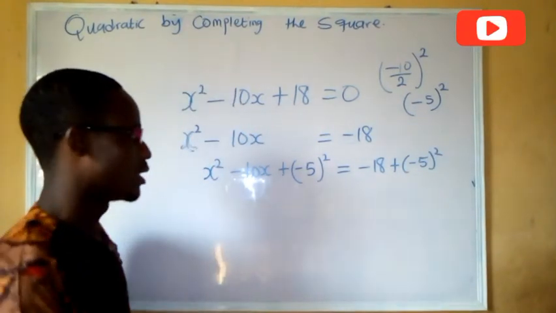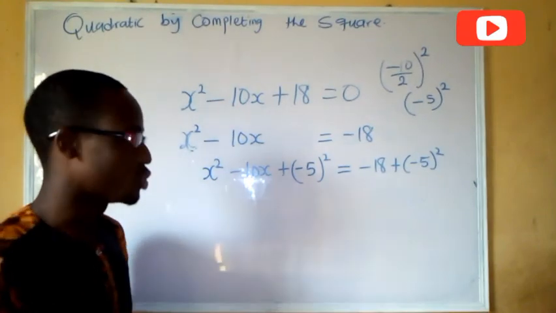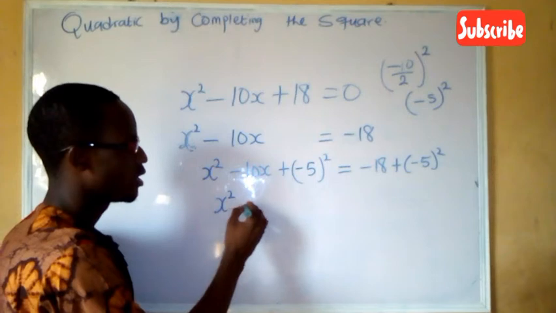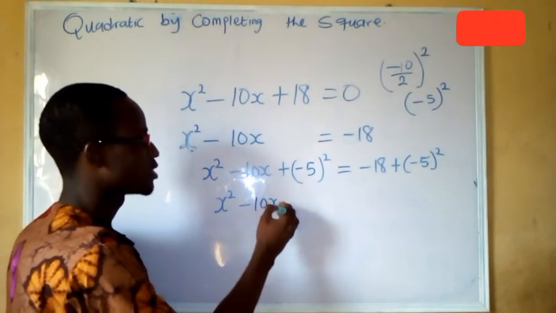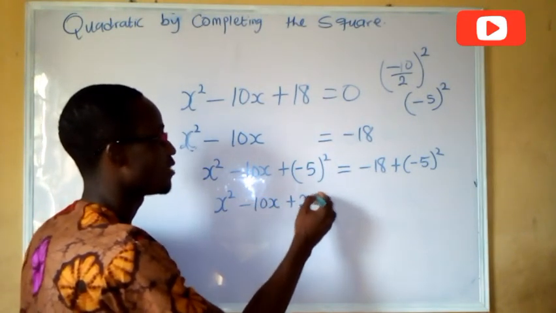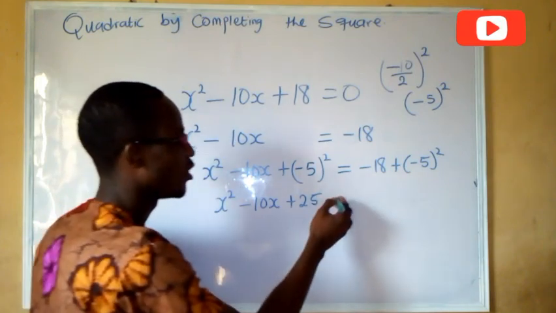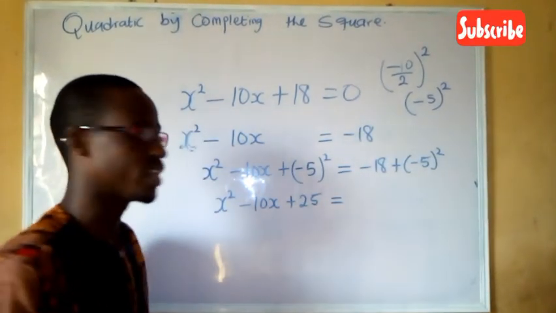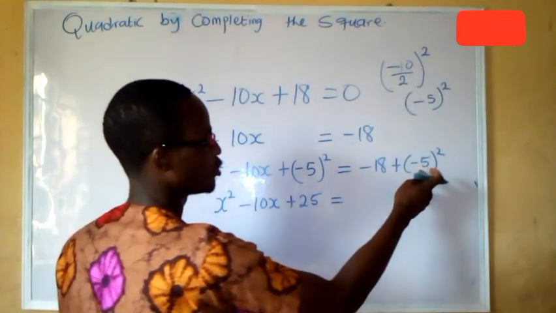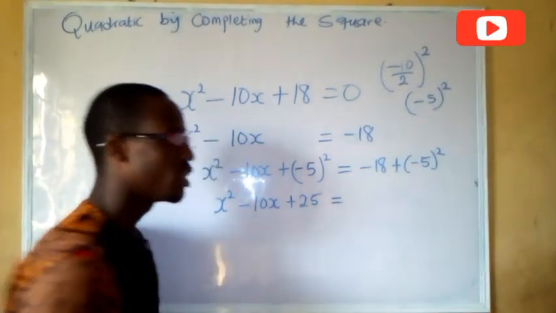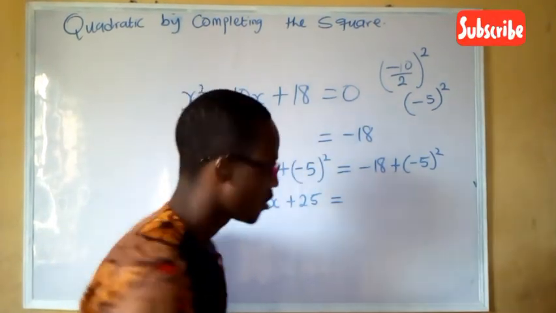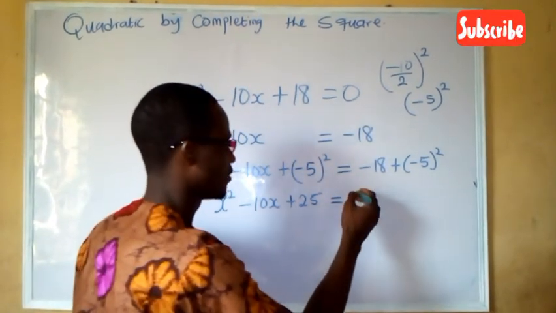Wonderful. So now what next? I think this equation can be factorized now, because we have x squared minus 10x plus 25 all equals, and now this is the new equation which can be factorized. Then I evaluate this side: minus 18 plus 25 is going to give us 7.